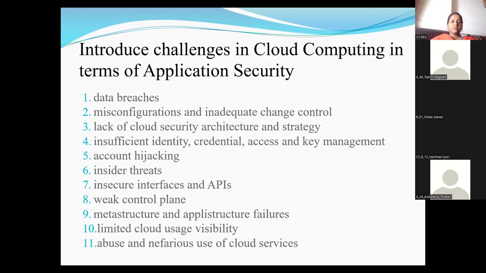Next is the weak control plane. That is what? So the responsibility of the customer and new to the list is the collection of cloud administrative consoles and interfaces used by the organization.